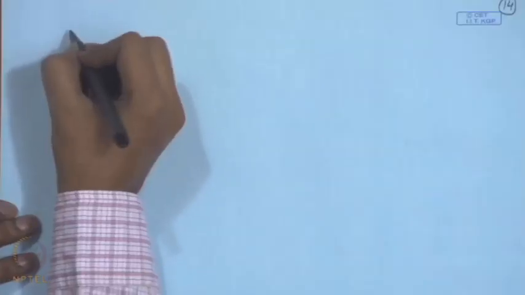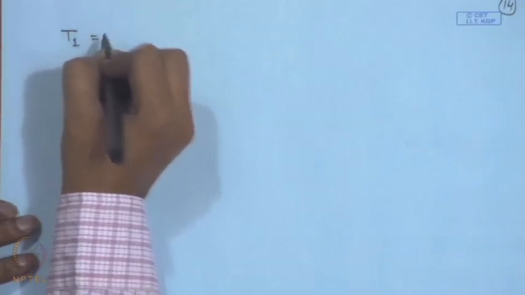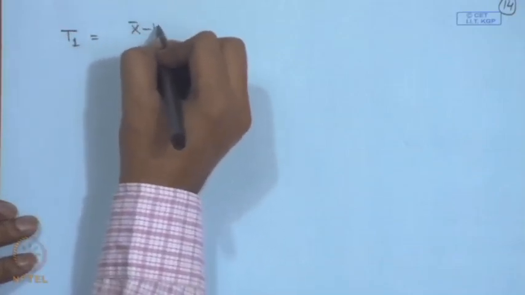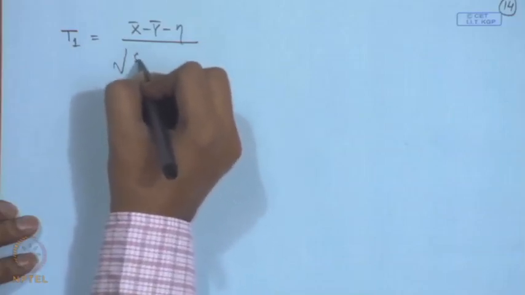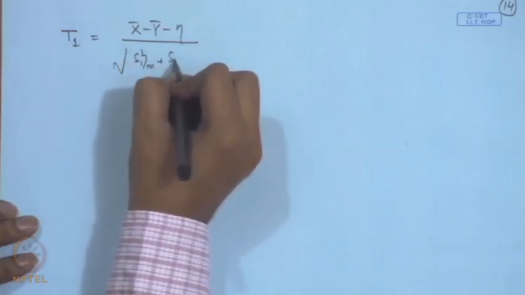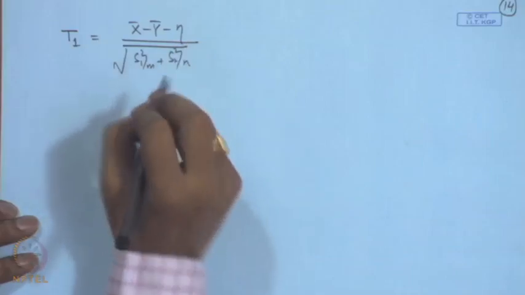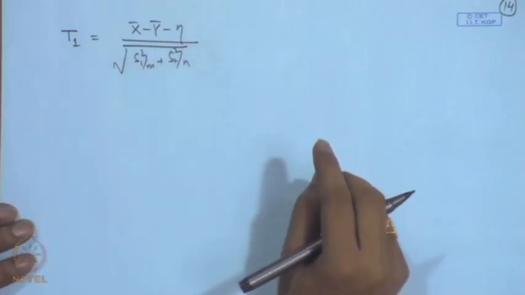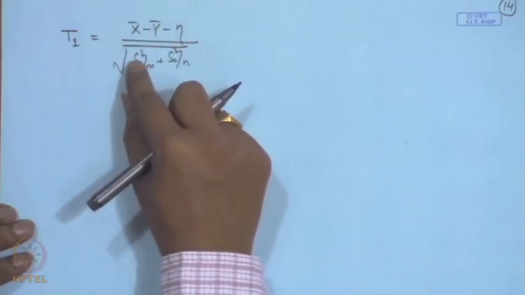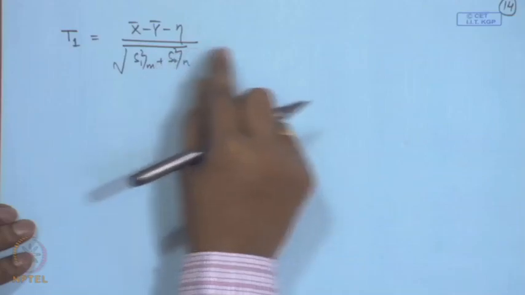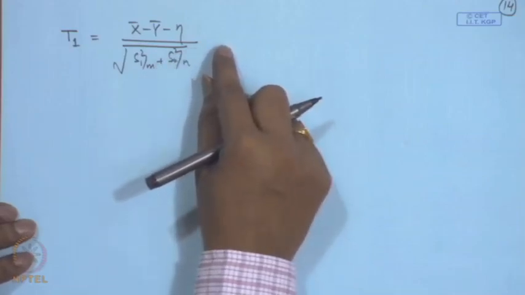The approximate procedure is based on, let me call it T 1, x bar minus y bar minus eta divided by square root of s 1 square by m plus s 2 square by n. So, if you remember the case of sigma 1 square, sigma 2 square known, in that case we had written exactly the same statistic, but there we had written sigma 1 square and sigma 2 square, and that had normal 0, 1 distribution.